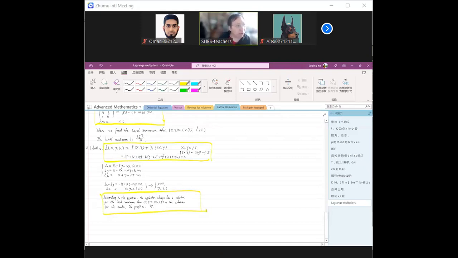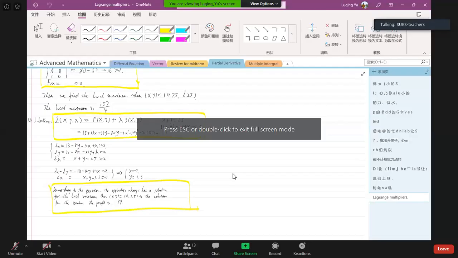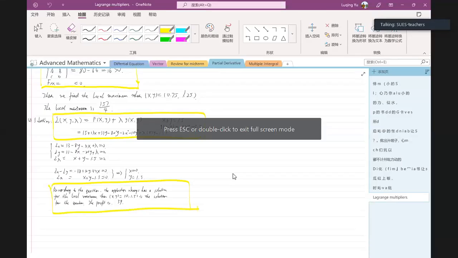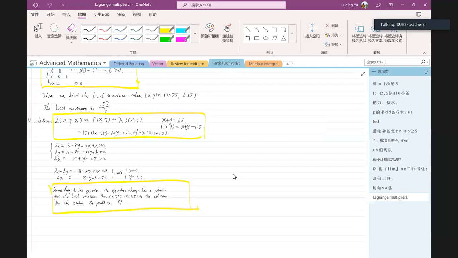You don't have to use the mathematical process, but you have to mention that because this is a real application question, you definitely have a local maximum and a local minimum here. So we don't need to write out the Hessian and the bordered Hessian to prove that the local maximum or the local minimum exists.